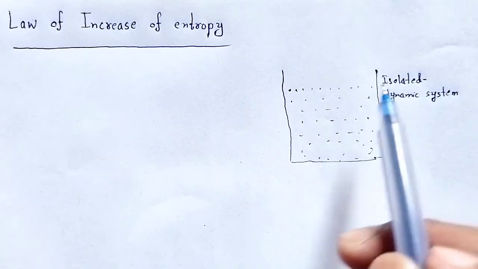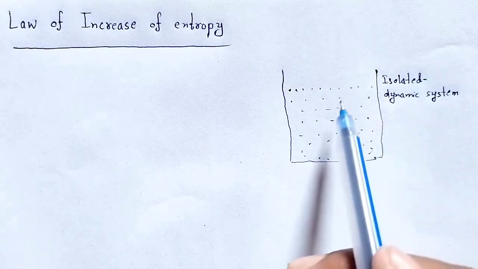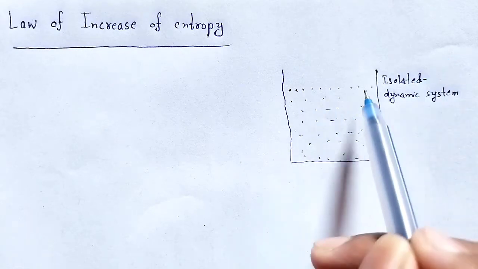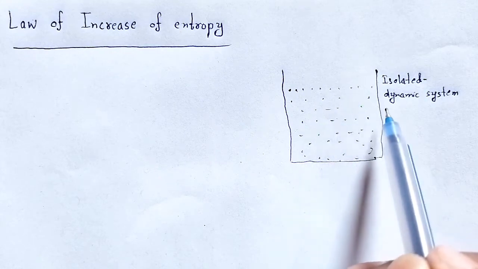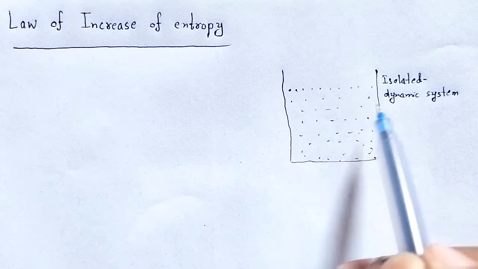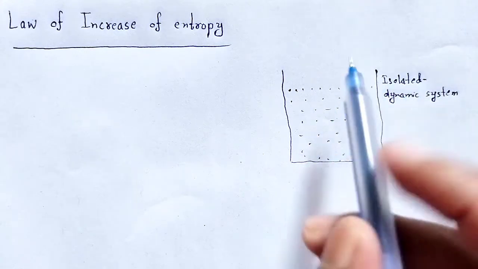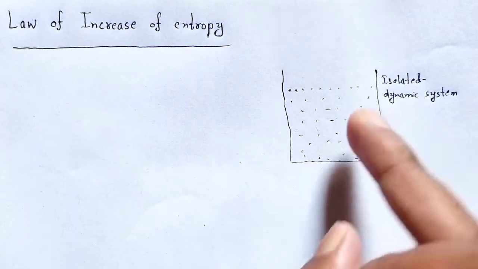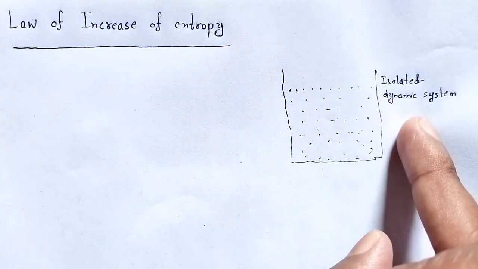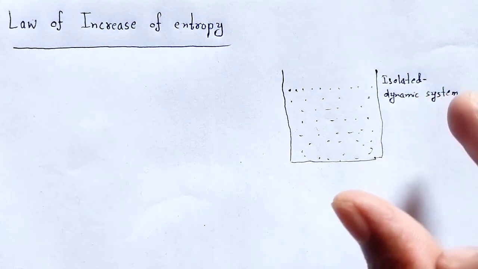Since the system is isolated, the particles of the system can interact with one another but not with the surroundings. The particles interact with each other inside the isolated system but do not interact with the surroundings.